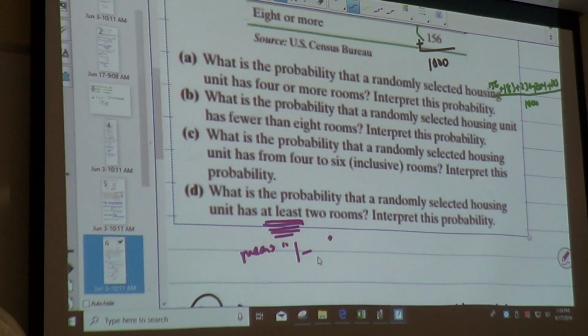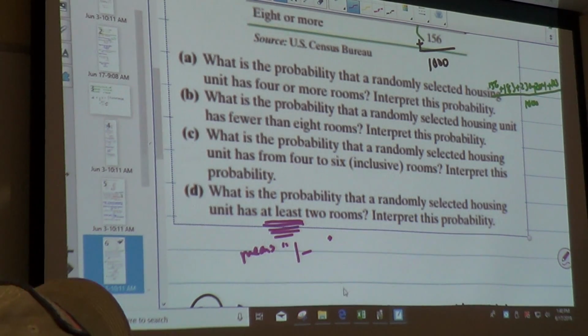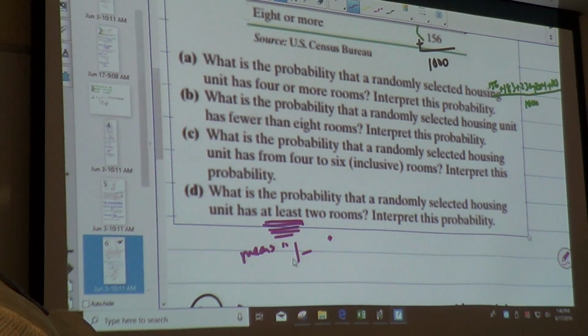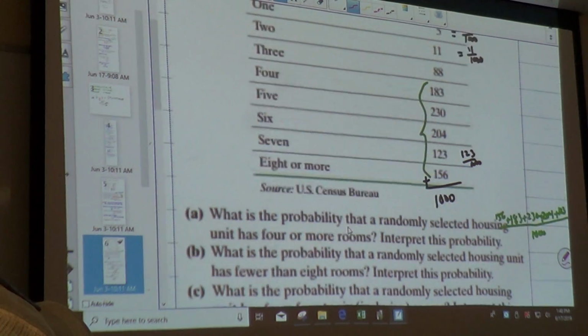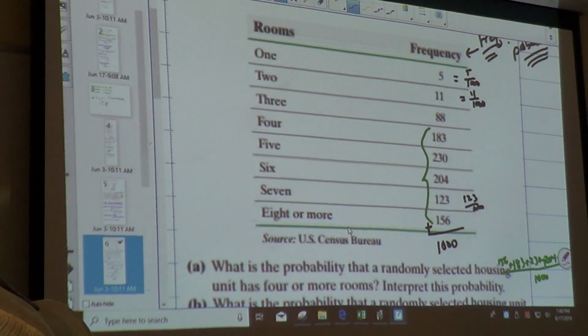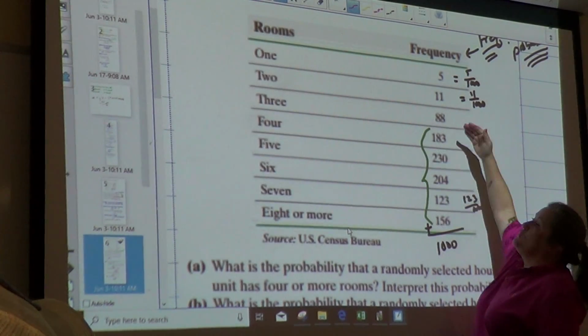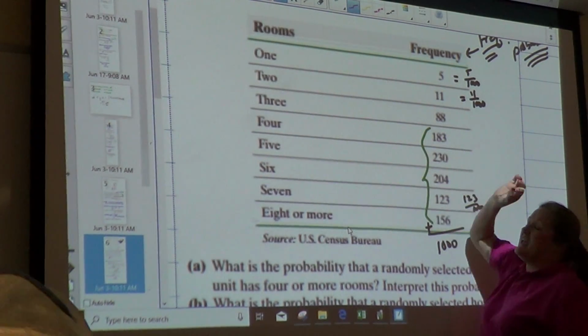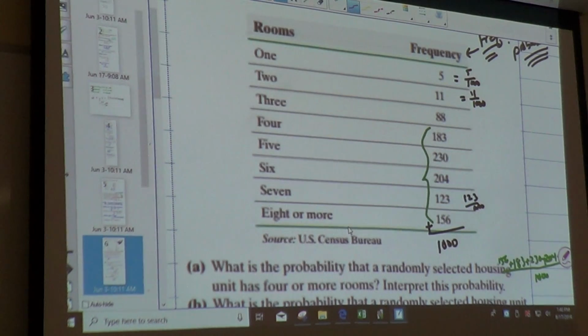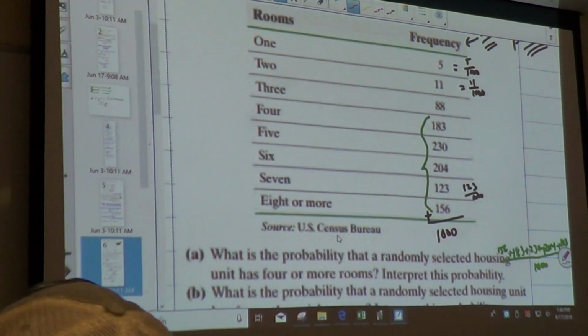So I'm going to do 1 minus the 2 rooms. Or 1 minus the 1 room. So at least 2 rooms. So I want at least 2 rooms. And when I hear at least, I automatically think, 1 minus.